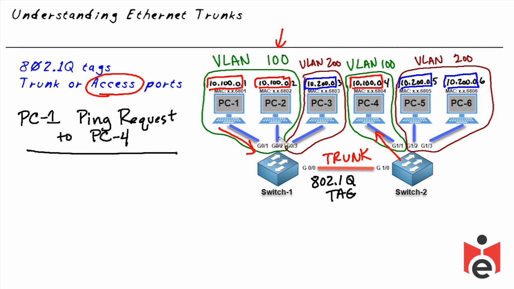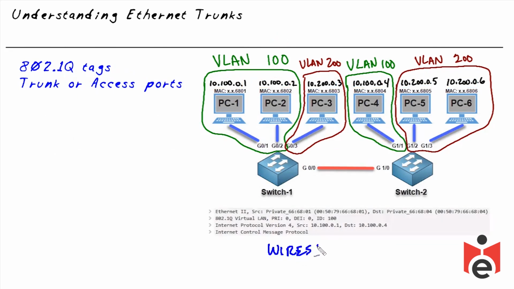That's why when we configure VLANs, we configure both the type of port, whether it's an access port or a trunk port, and then if it's an access port, we also assign what VLAN that access port is a member of. So when the switch is forwarding a frame over a trunk, it's going to add the tag, and when it's forwarding that frame over an access port, it won't bother including the tag.